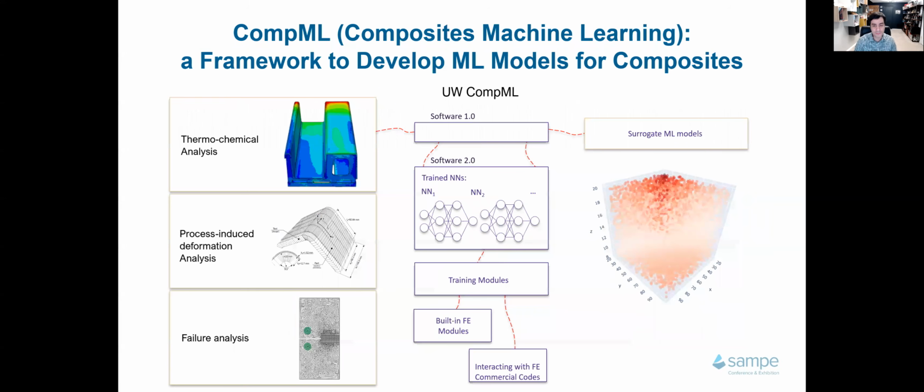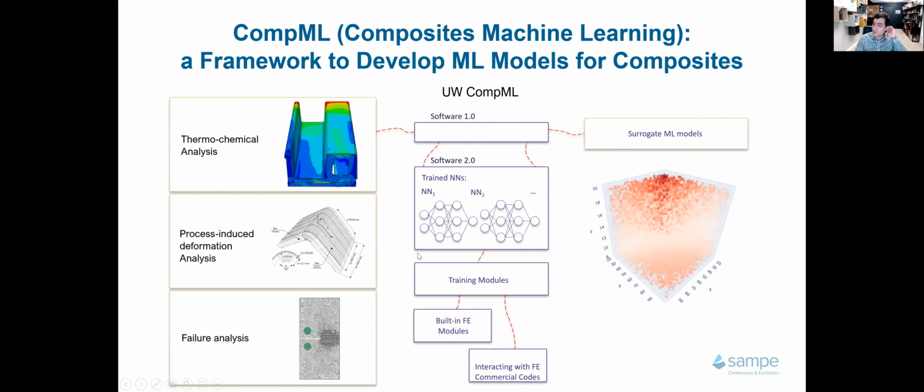So what we've used in this study is a software package developed at the University of Washington called CompML, Composites machine learning software package. It's a framework to develop machine learning models, and you will see how we use it to address specific problems.